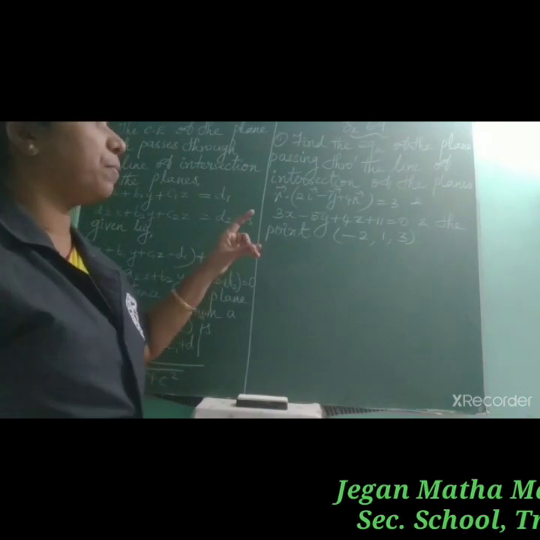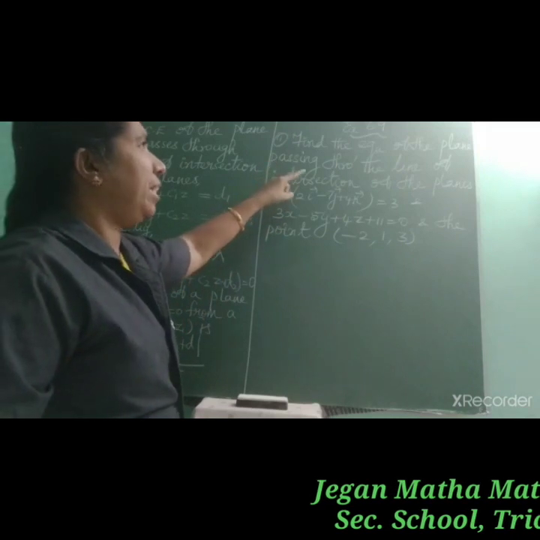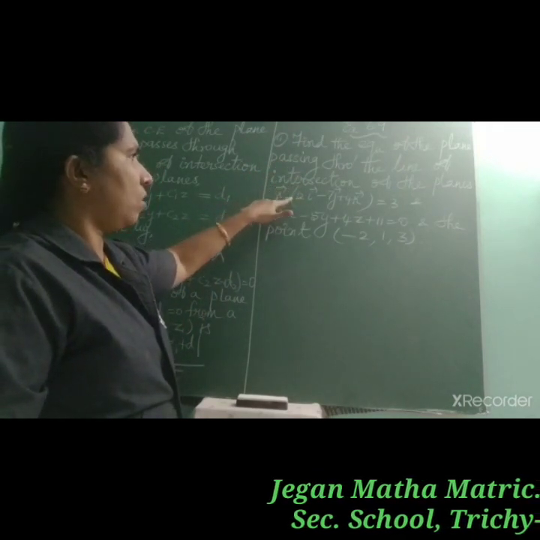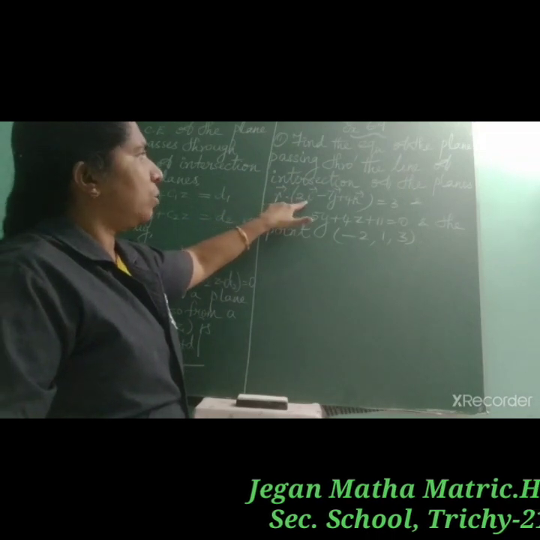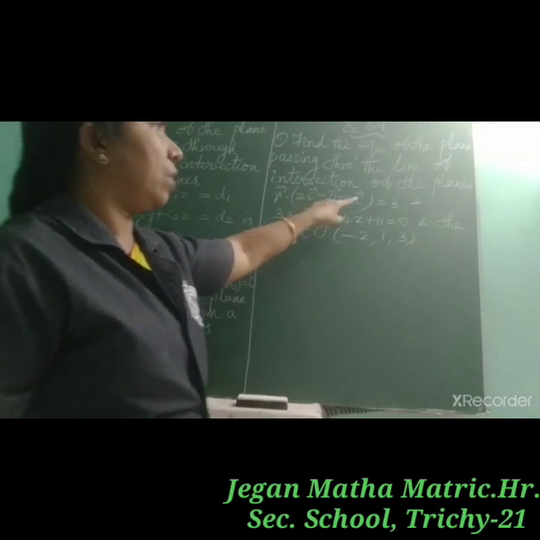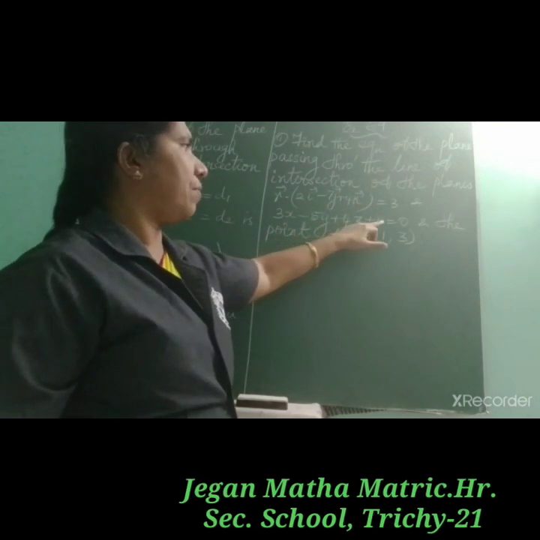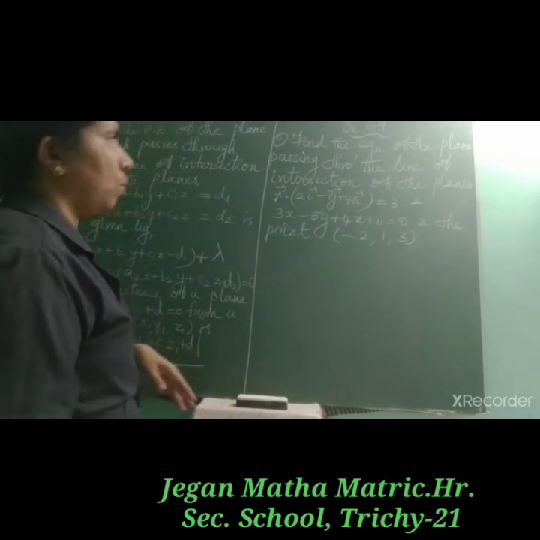In exercise 6.9, first question: find the equation of the plane passing through the line of intersection of the planes r dot (2i minus 7j plus 4k) equal to 3 and 3x minus 5y plus 4z plus 11 equal to 0.